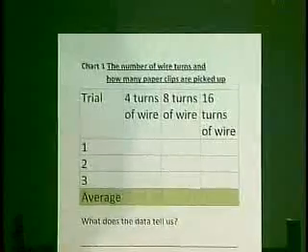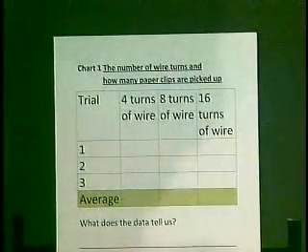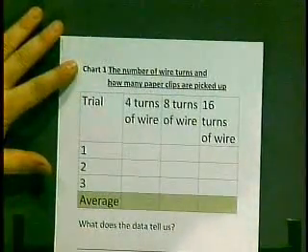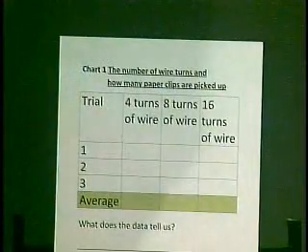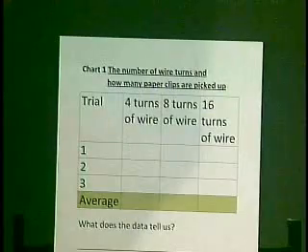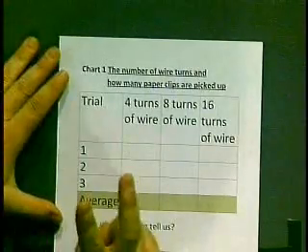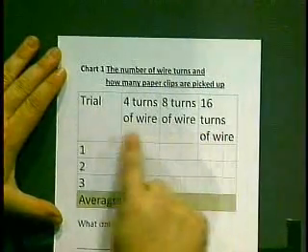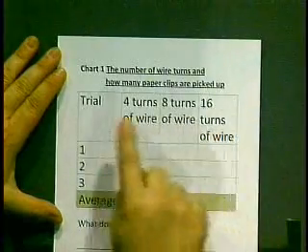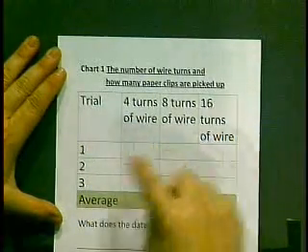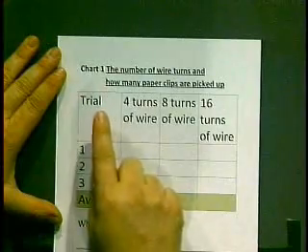And as any good scientist would, yes, we have a data table. Data table has a title. The chart is the number of wire turns and how many paper clips are picked up. Please take note that there are 4 column headings. The headings tell you what information should be written underneath.